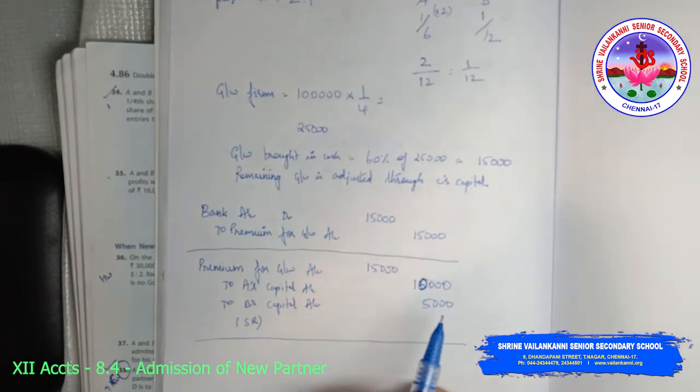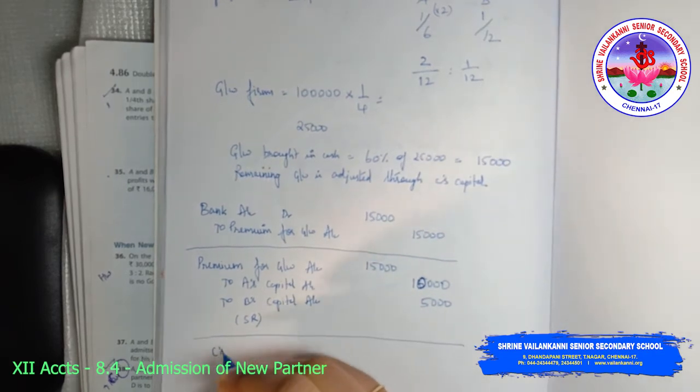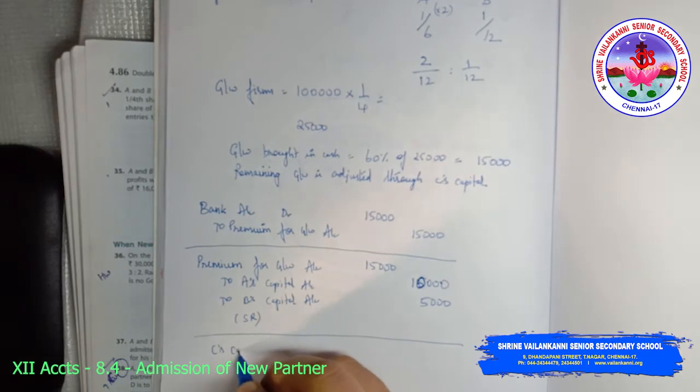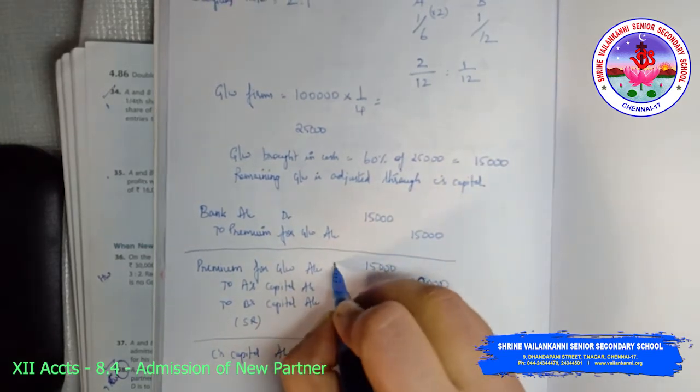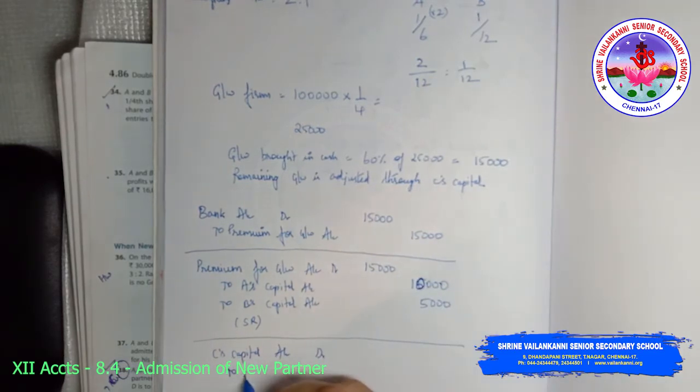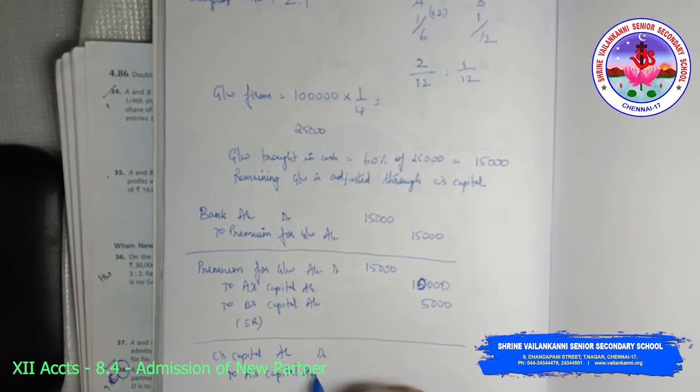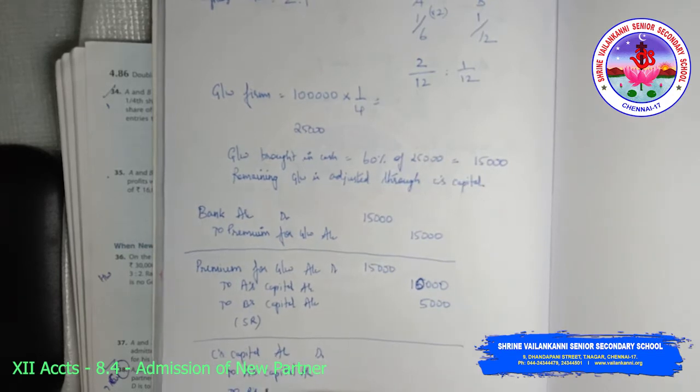And then the second transaction, that is C's capital adjustment, the goodwill adjustment. C's capital account debit to A's capital account and B's capital account.